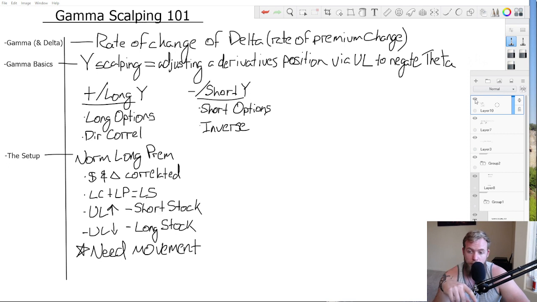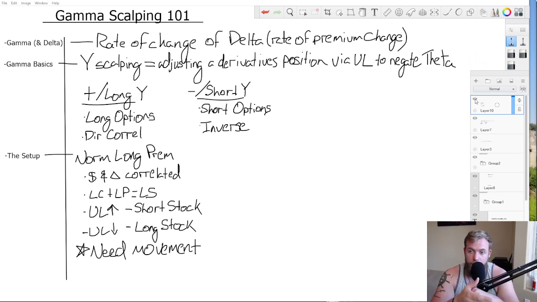Now, the other note that I'll leave the video off with is that you need the underlying to move. When we're long a straddle, that position does well when there's a breakout one way or the other. We want the underlying to move in a big way up or down.